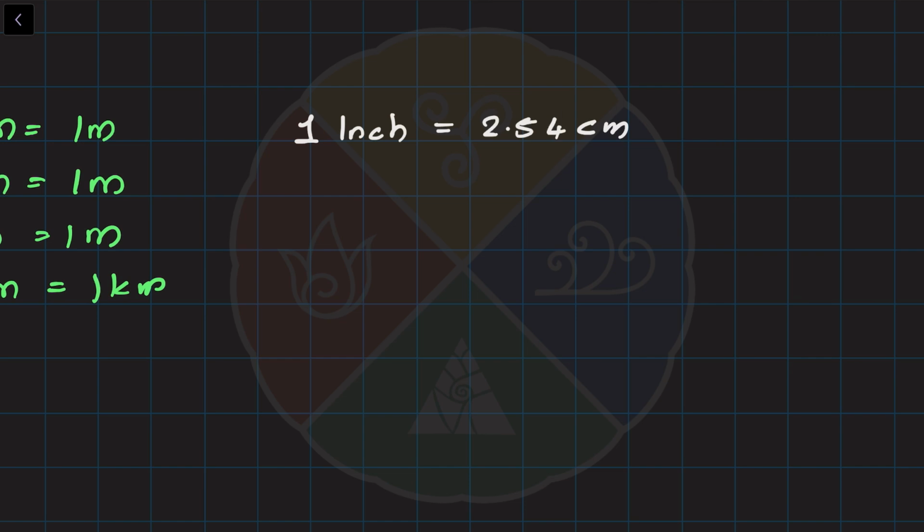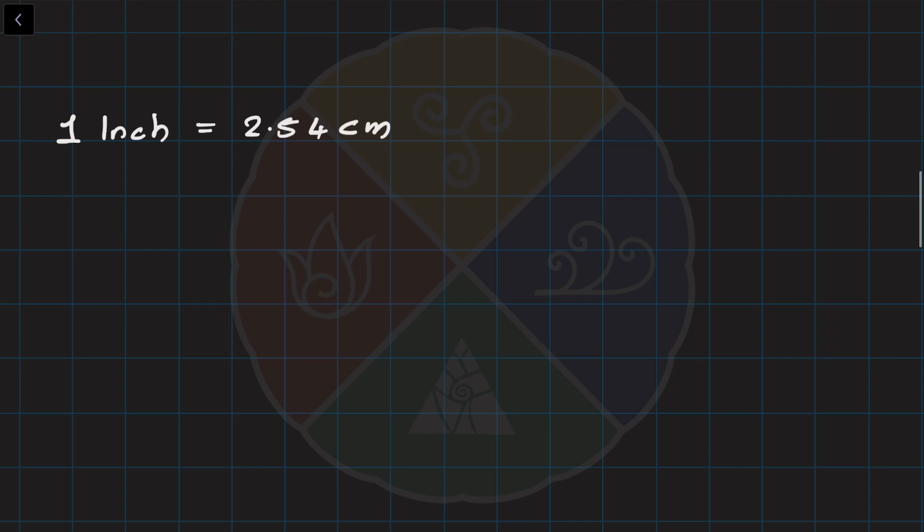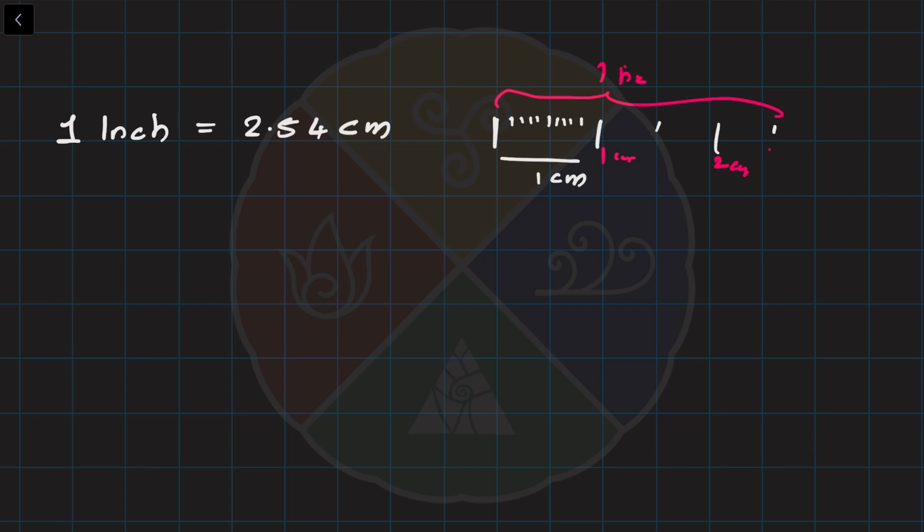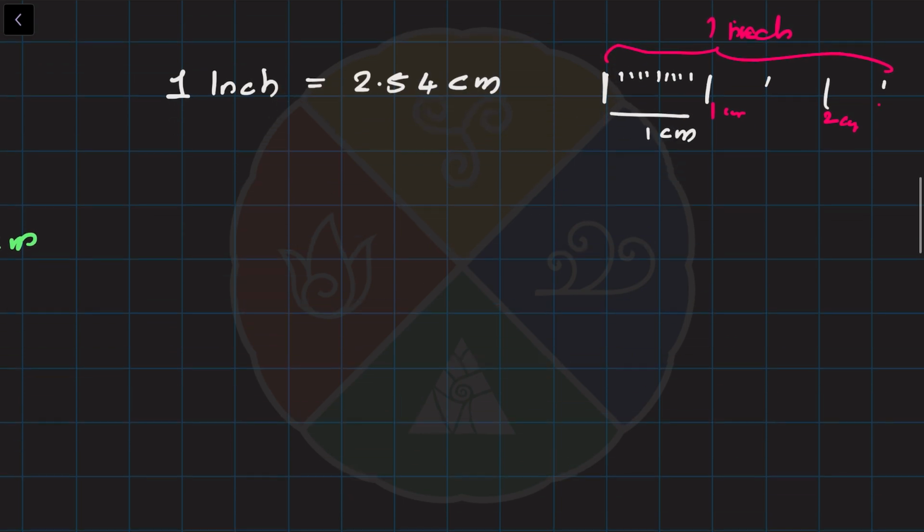If you take your scale, you will find 1 centimeter, and you have to take two such centimeters and a 0.5 value. That much will be 1 inch. So 1 inch is quite a bit bigger than 1 centimeter.